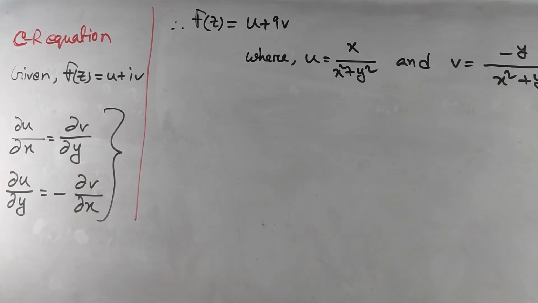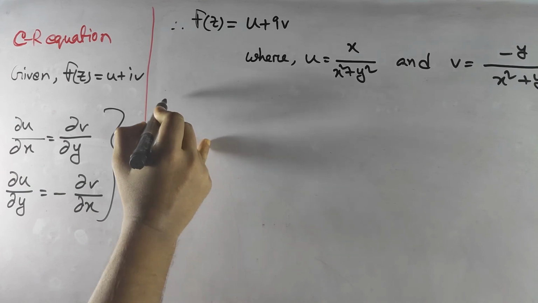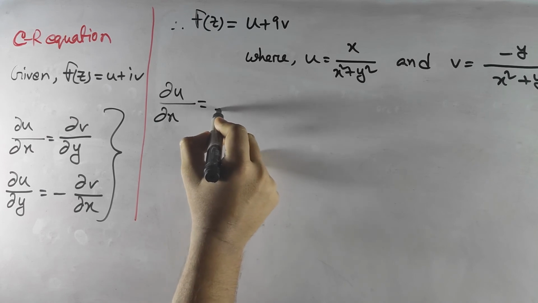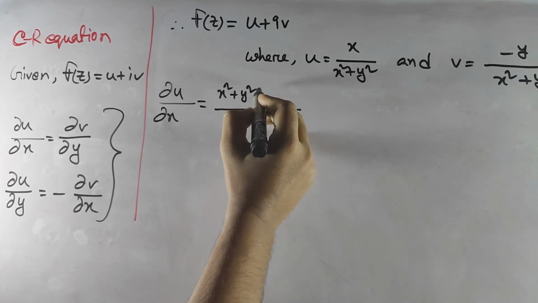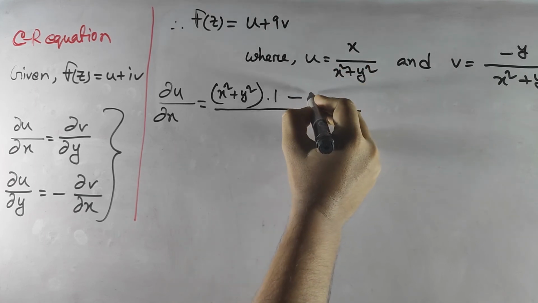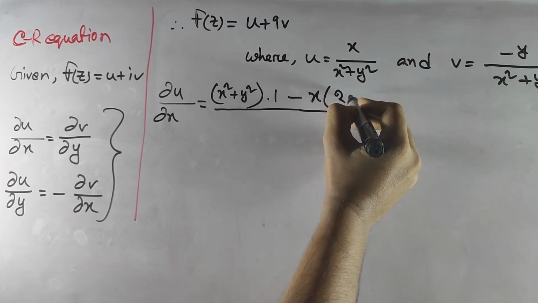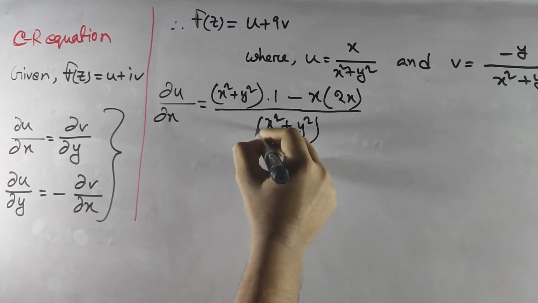At first, if we partially differentiate u with respect to x, then del u by del x is equal to (x square plus y square times 1 minus x times 2x) divided by (x square plus y square) whole square.